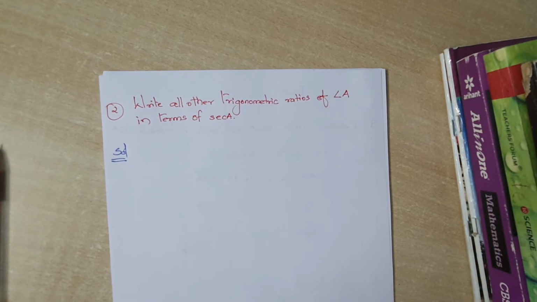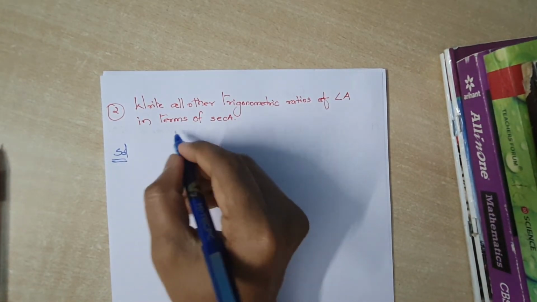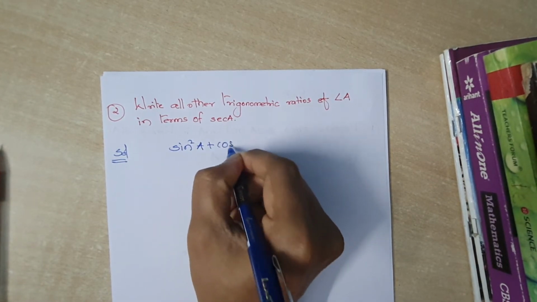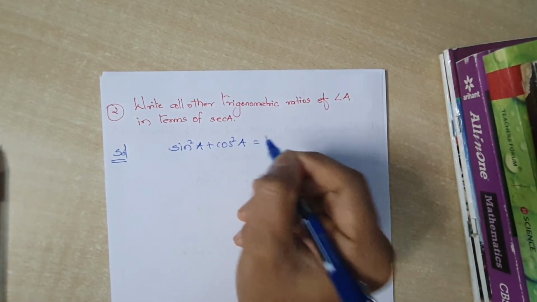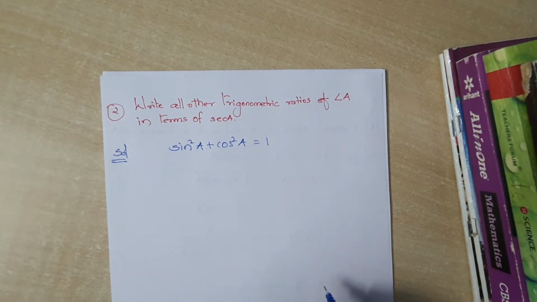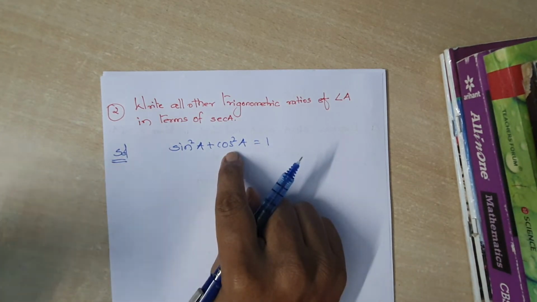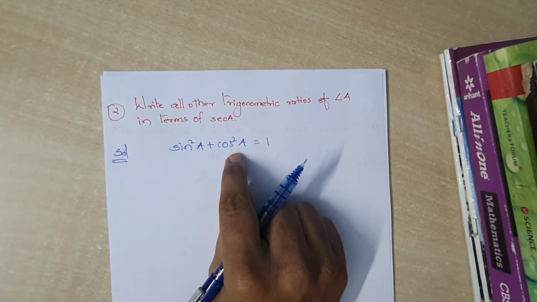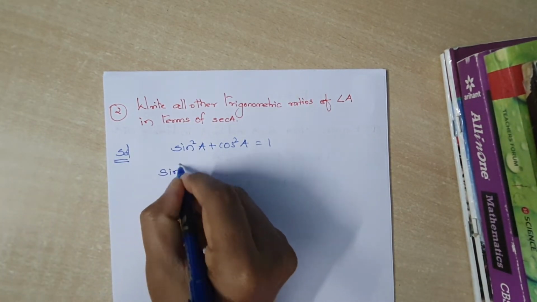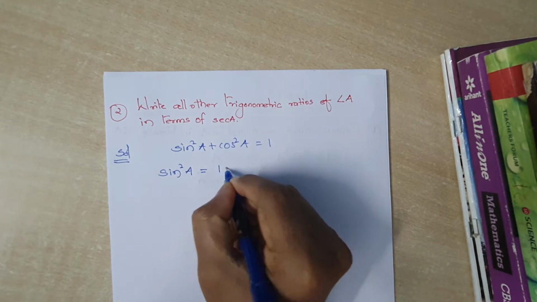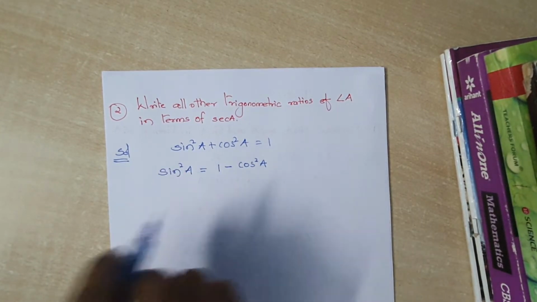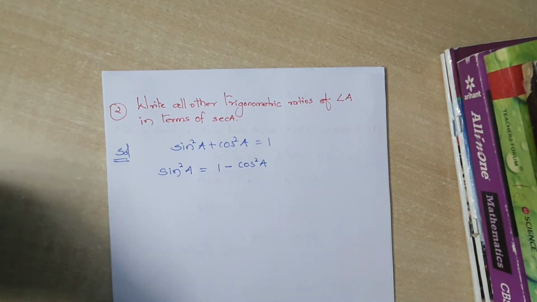So let us start with the first identity. Sin square A plus cos square A is equal to what? 1. So what is sin square A? Yes, cos, we can convert the cos into sec. So sin square A is equal to 1 minus cos square A. And if we transpose, what do we get?